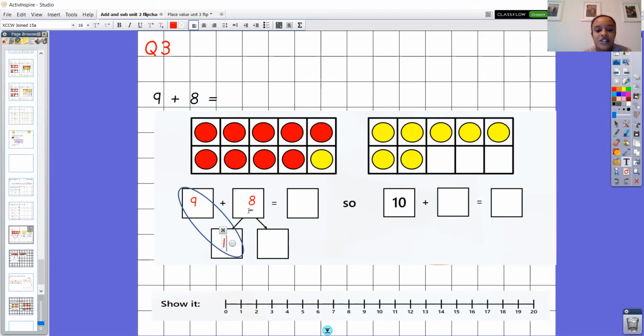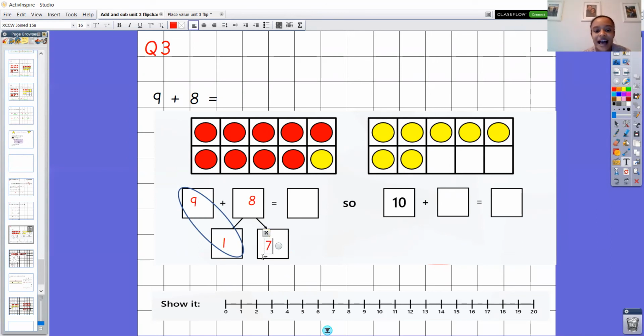And then we want to partition this 8. So we've got one of the parts already, which is 1, and the other part is this leftover part here. So 1 and what makes 8? Well, let's count them. 1, 2, 3, 4, 5, 6, 7. So 1 and 7 makes 8.